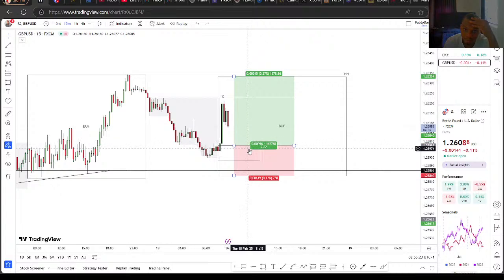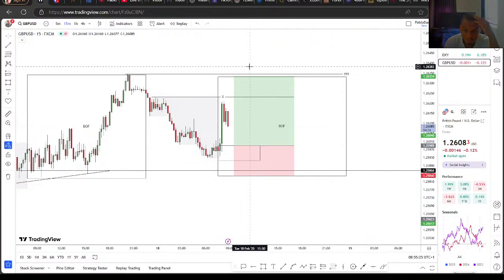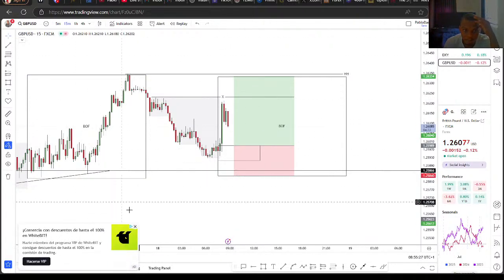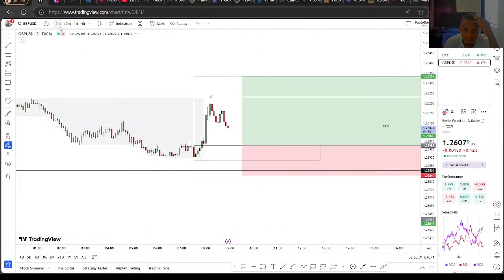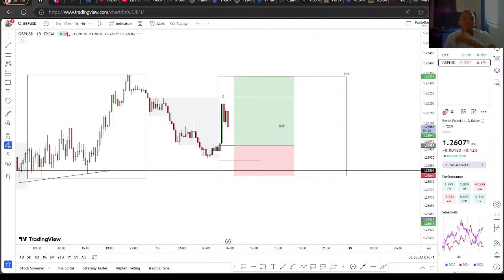If it pings my entry and pushes up, I'll still take the trade tomorrow. But if it hits my entry and moves to stop loss, I'll count it as another losing trade. But I hope you guys learned something from my previous mistakes. That's literally why I do live streams, to correct myself, for transparency's sake.